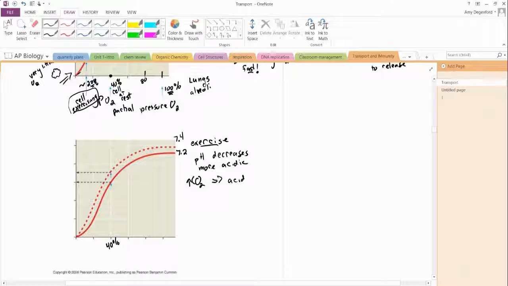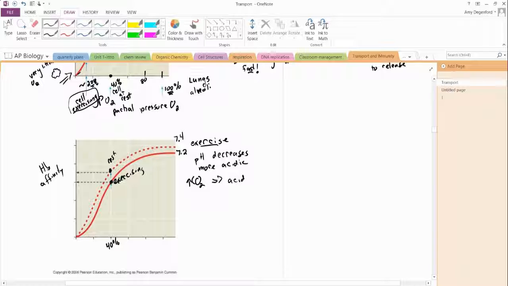Well, this will cause the hemoglobin's affinity to decrease. Now, remember, the y-axis is the hemoglobin saturation, and we can think of that as the affinity of hemoglobin for oxygen. So 40%, this would be at rest, this would be exercising.